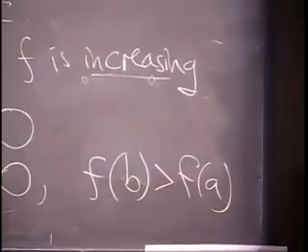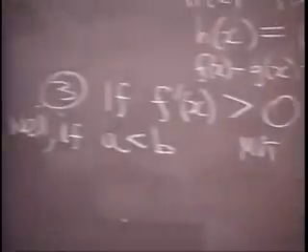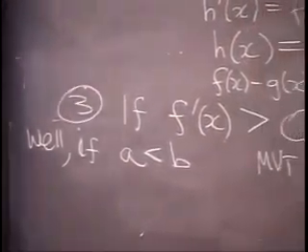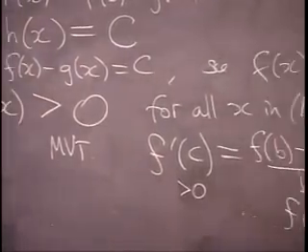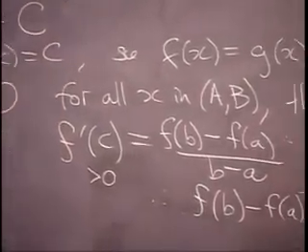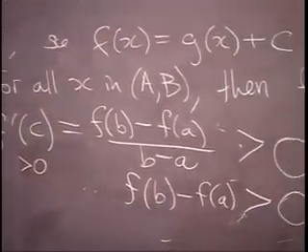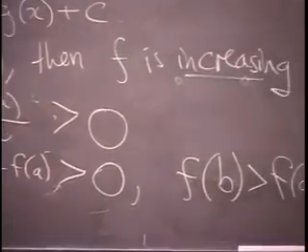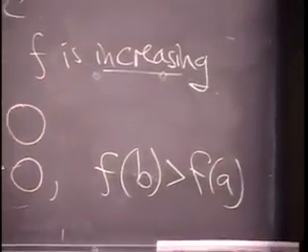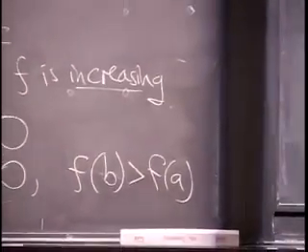I just got to draw a little picture to illustrate that. Okay, we've shown that if b is greater than a, then f of b is greater than f of a. So what does that mean? Well, we need a picture, and you'll get it in a few seconds.